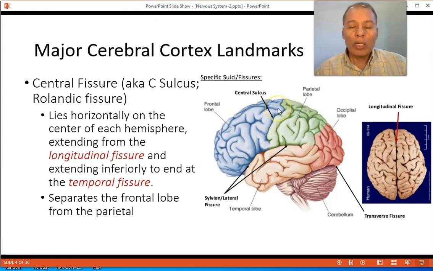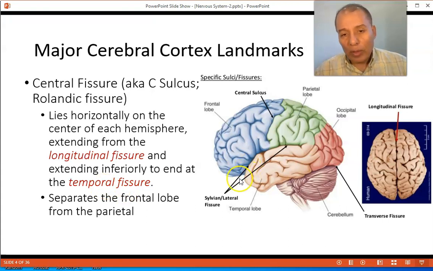Add to this that the central fissure, or the Rolandic fissure, or Rolandic sulcus, it doesn't matter what you call it as long as it's one of these, separates the frontal lobe from the parietal lobe, and that's it.